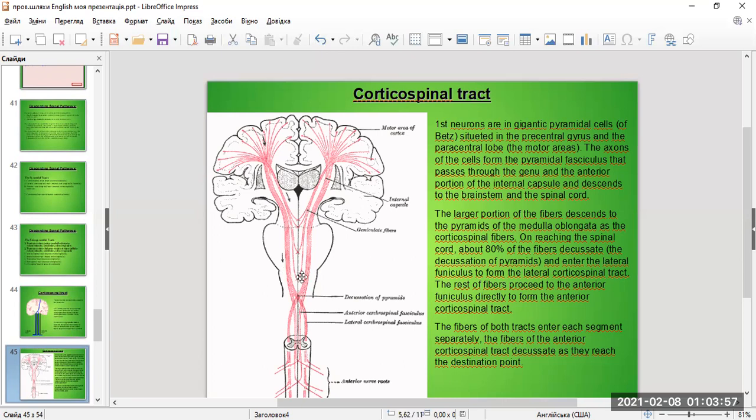The larger portion of the fibers descend to the pyramids of the medulla oblongata as the corticospinal fibers. On reaching the spinal cord, about 80% of the fibers decussate, the decussation of pyramids, and enter the lateral funiculus to form the lateral corticospinal tract.